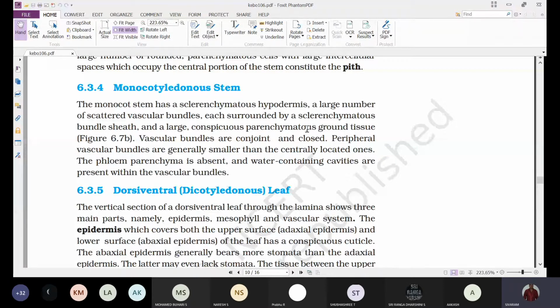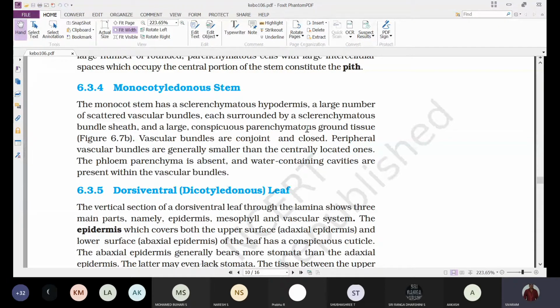The vascular bundles are present, showing conjoint, closed, and endarch xylem. And each vascular bundle is surrounded by a layer of sclerenchymatous cells called the bundle sheath.